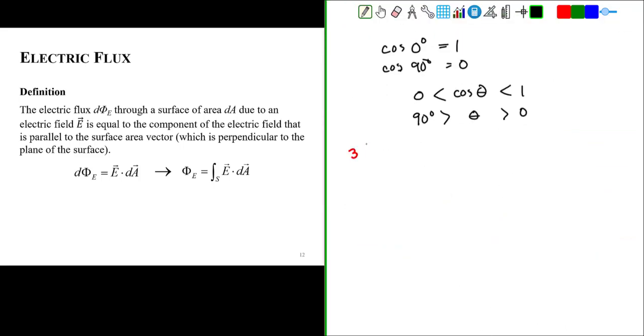This means that we could say that the orientation of the electric field and the area vector influences electric flux.